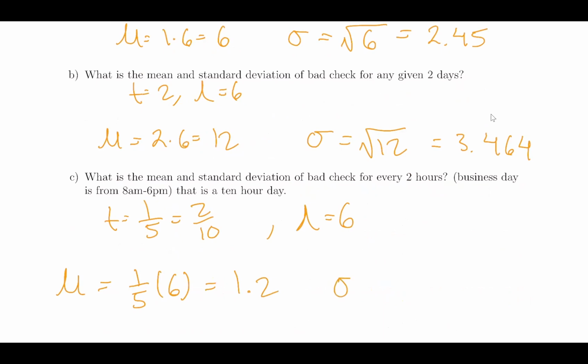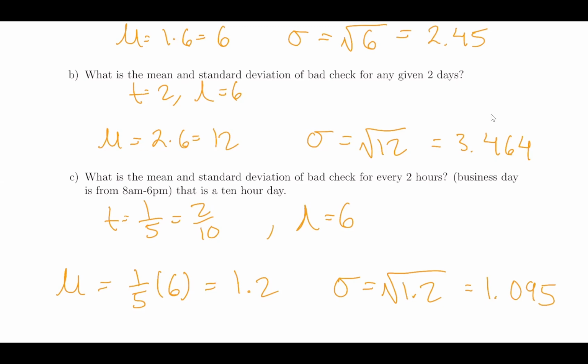If you want to find standard deviation, you say square root of 1.2. So square root of 1.2, you get 1.095. And that's it for C.